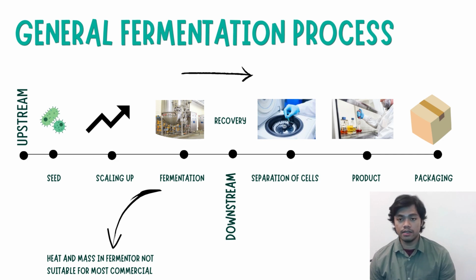So generally, the step where cells are generated in massive amounts is known as the upstream process, whereas the recovery process or downstream process consists of separation method, purifying method, polishing method, quality control method, and packaging.